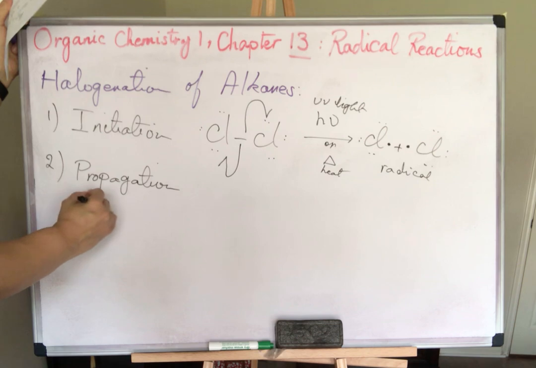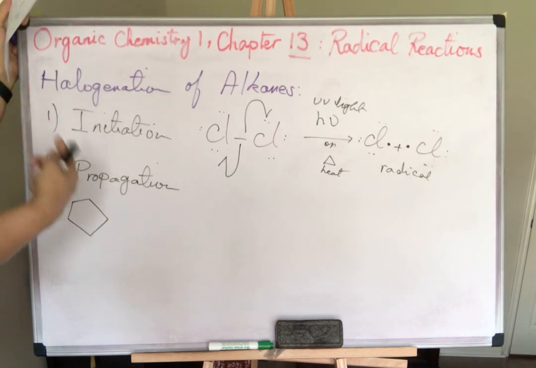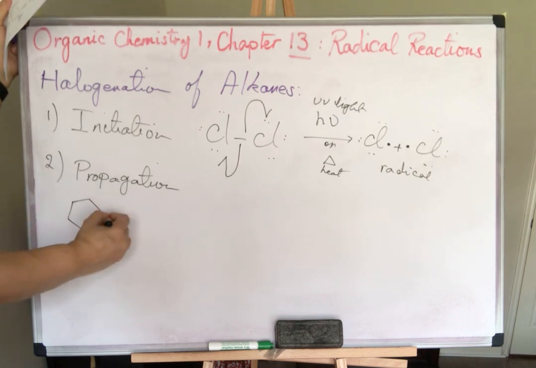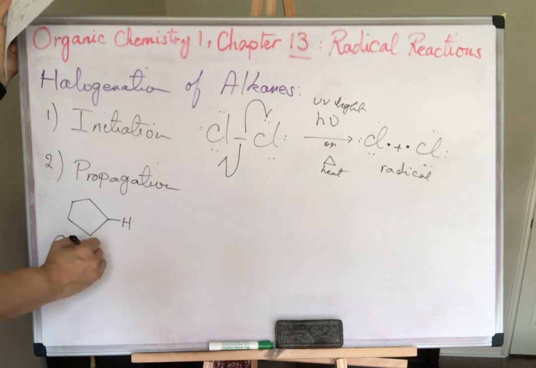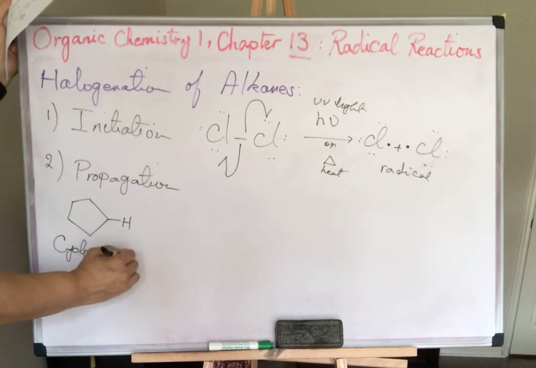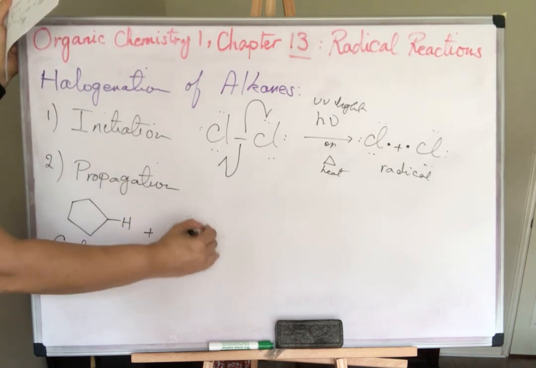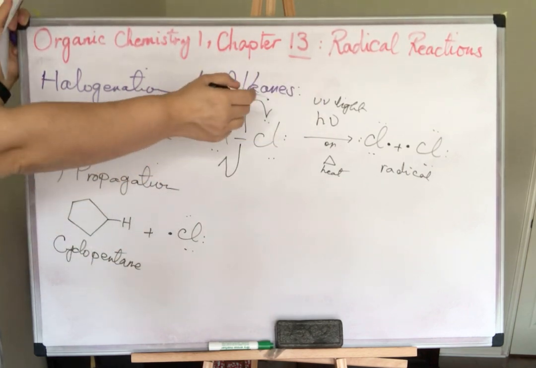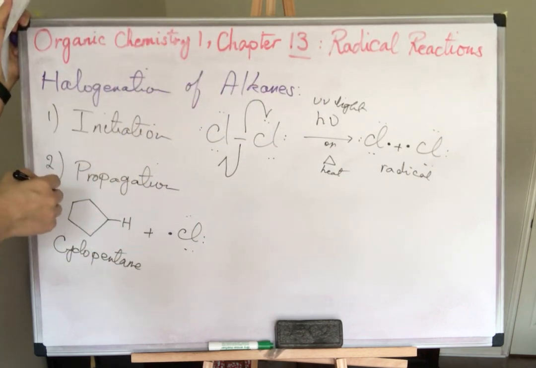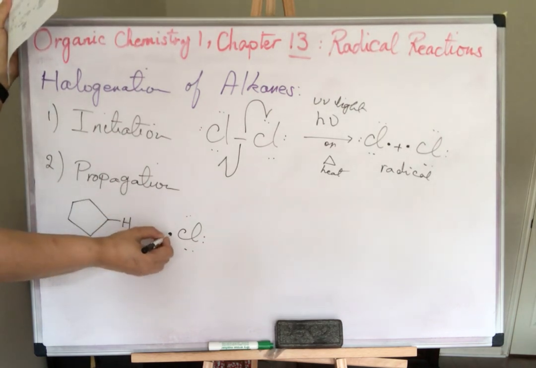Let's say we have this alkane. We are going to replace a hydrogen of this cyclopentane with a chlorine. Your alkane can be a cycloalkane or just a regular alkane, doesn't matter. Plus one of the chlorine radicals that was produced in the previous step. So what does this radical need?